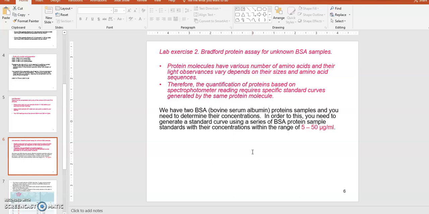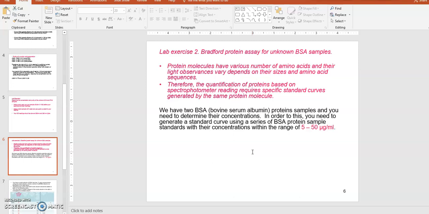But if you think about protein molecules, they are much more complex. They are much larger because they are made up of amino acids that are larger than nucleotides. Their spectrophotometry absorption profile is more complicated. It depends on what amino acids you have. Their absorption capability is widely different, especially the amino acids with aromatic ring structure.